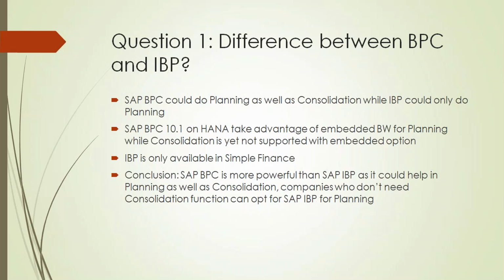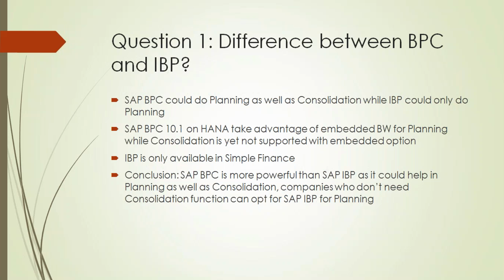It is still not supported by ACDOCA, Universal Journal, but they are planning and they may come up with a solution for this, so consolidation will also work on a real-time basis. You don't need a separate instance or the BW server for the data required for consolidation. Currently, you need a separate instance. You need to have the BW in which the data is stored.